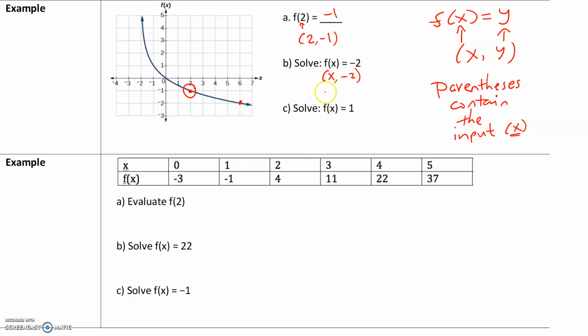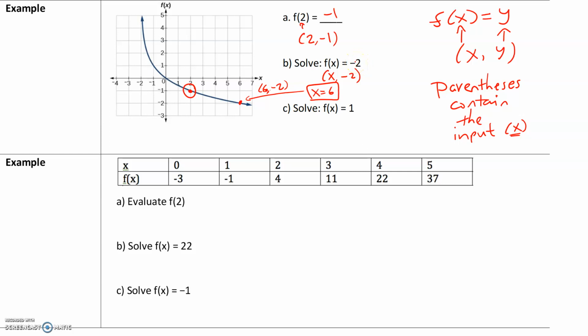So when the output is -2, the x value equals 6. Because a point on the graph, this point right there, is the point (6, -2). So if you're given a value inside the parentheses, that is your x or the input. If you're given a value outside, that is your output or the y value.